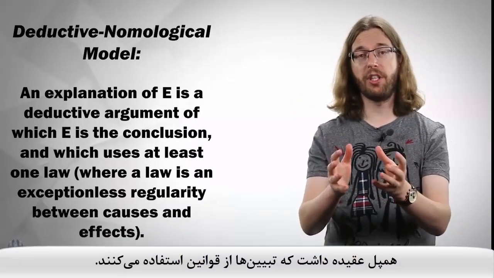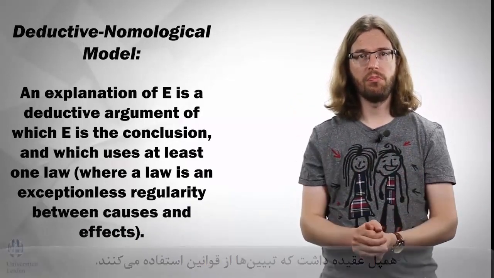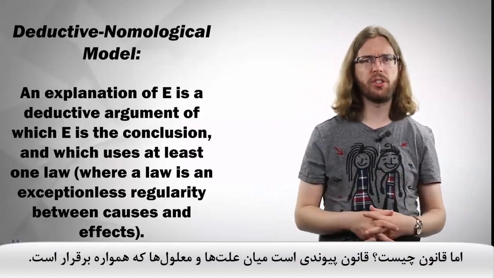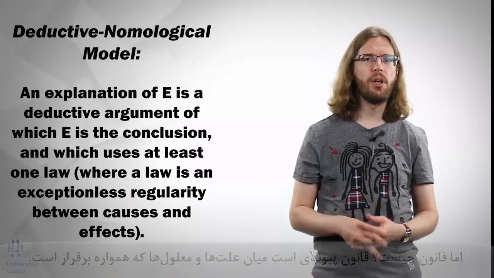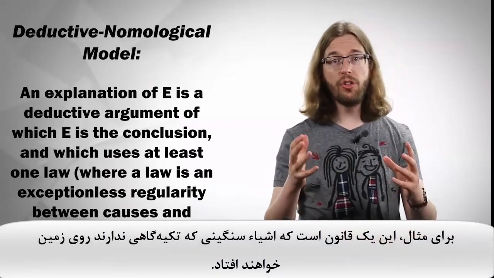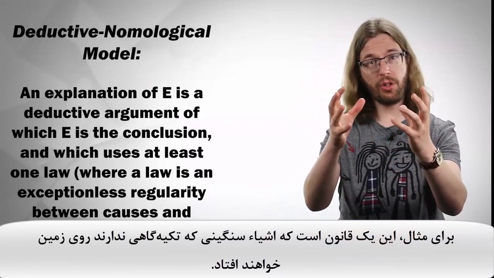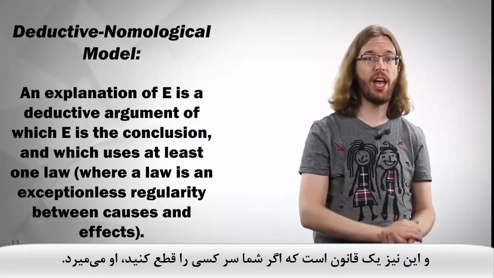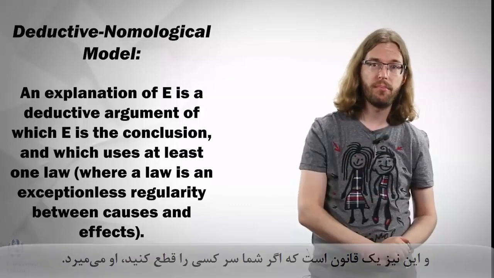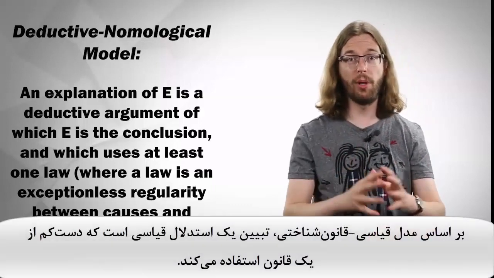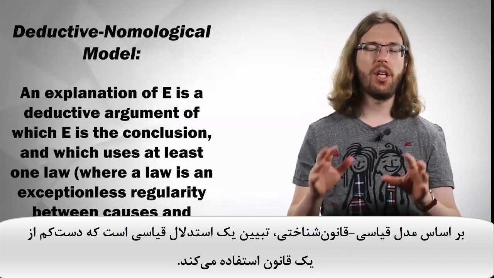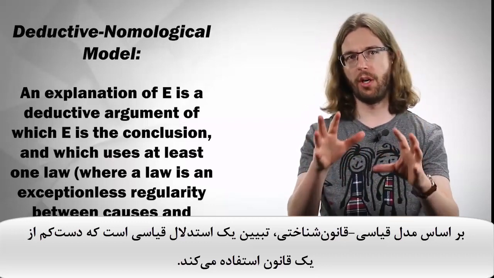Hempel believes that explanations use laws. What is a law? It's a link between causes and effects that always holds. For instance, it's a law that unsupported heavy objects on Earth fall down. And it's a law that if you cut off a person's head, they die. According to the deductive nomological model then, an explanation is a deductive argument that uses at least one law.